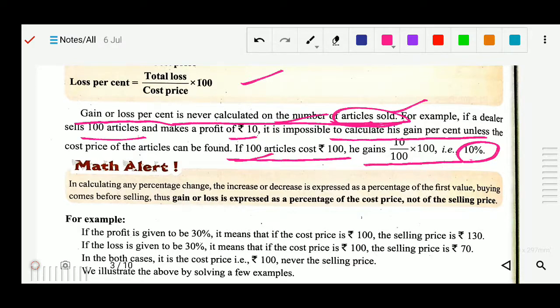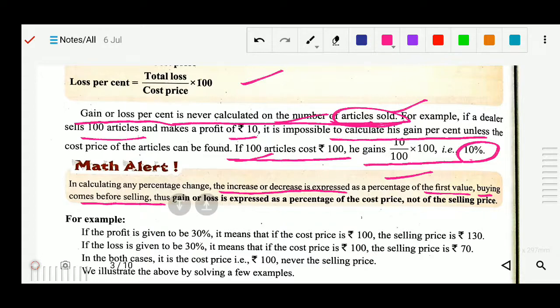So in calculating any percent change, increase or decrease is expressed as a percentage of the first value, the buying price becoming before the selling price.